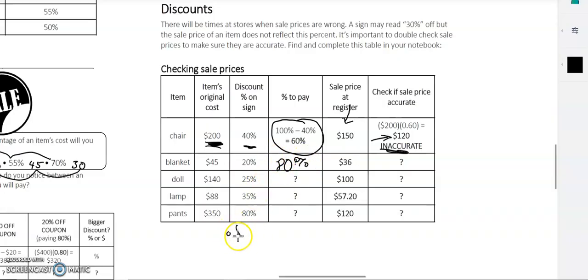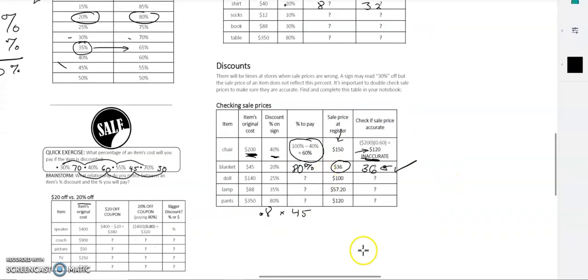So 0.8 times 45, so 80% of 45 is $36. That's what we should be paying. That's what they're charging us. Good. We're good. That's essentially all I need you to do on this table.